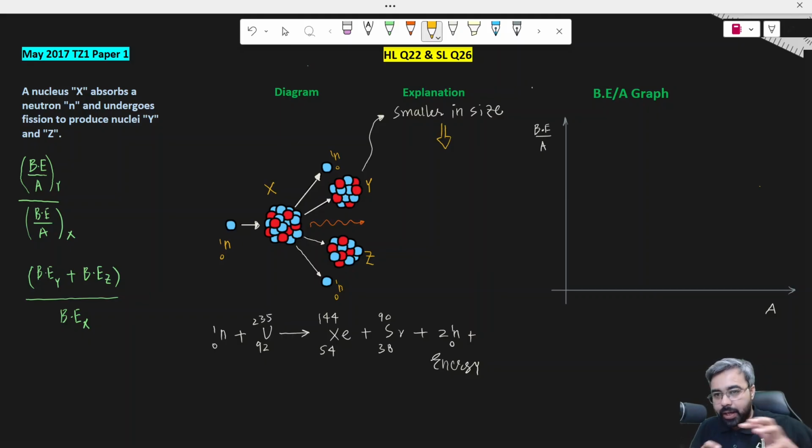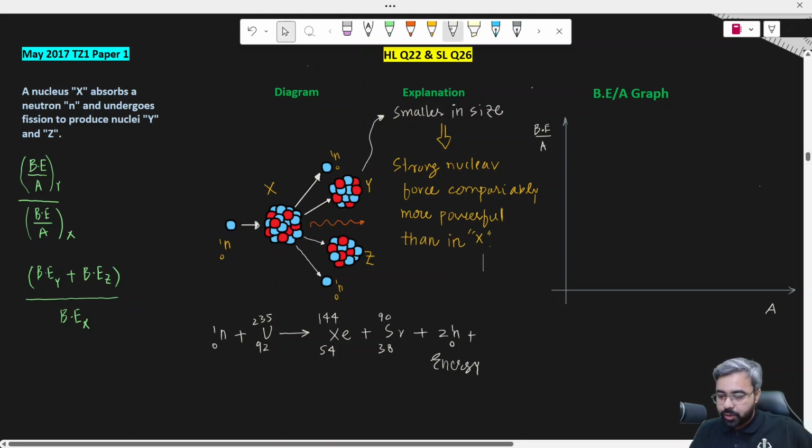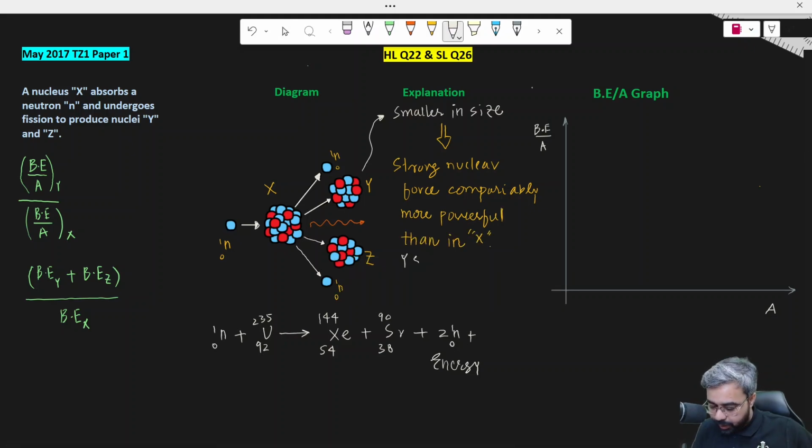It means that within those nuclides of Y and Z, the strong nuclear force, the force which is responsible for binding the protons and neutrons and overcoming the repulsion between the same charges, the protons, is comparably more dominant, more powerful than in X. So that's why we say that Y and Z are more stable.